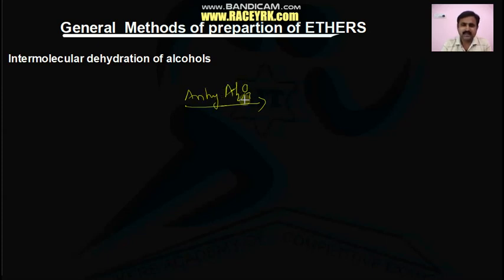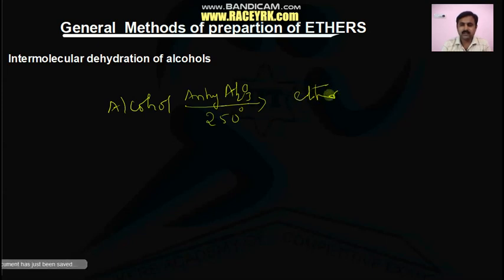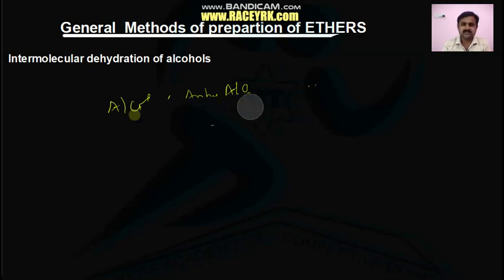Anhydrous alumina is also similar to concentrated H2SO4, a good dehydrating agent. It will work at 250 to 260 degrees Celsius. Whatever alcohol you take, 2 moles of that alcohol will become ether in that process, so you can easily prepare symmetrical ethers by this method.